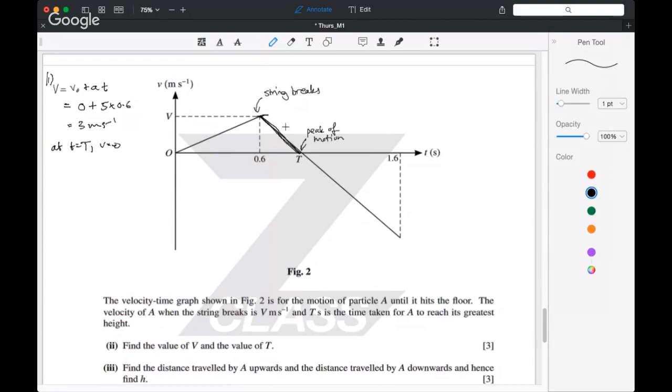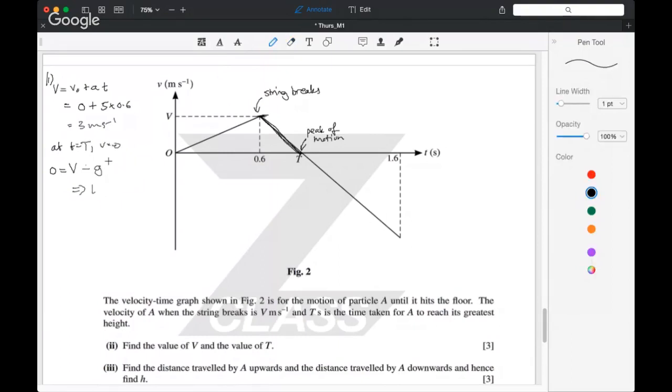It's just gravity, the only force on it. So we know the acceleration, we know the initial velocity, and we know the final velocity, 0. Therefore, we can work out the time. So the final velocity is 0, which is equal to the initial velocity minus gt. It's the exact same equation, but the acceleration is minus g because it's acting against up being positive. And this you can just solve. Oh, my mistake. This is actually not t.